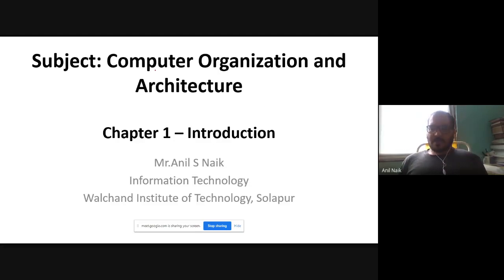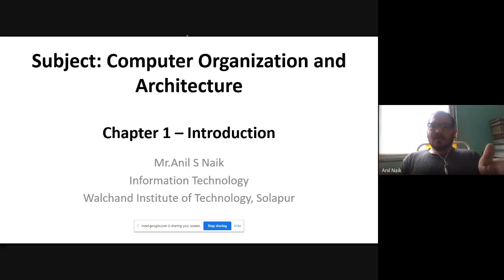We discussed the syllabus, the total 8 units, and the textbooks that I will share through Google Classroom, all the materials, PPTs and textbooks. One thing you should keep in mind: previously this was two subjects, computer organization was separate and computer architecture was separate.